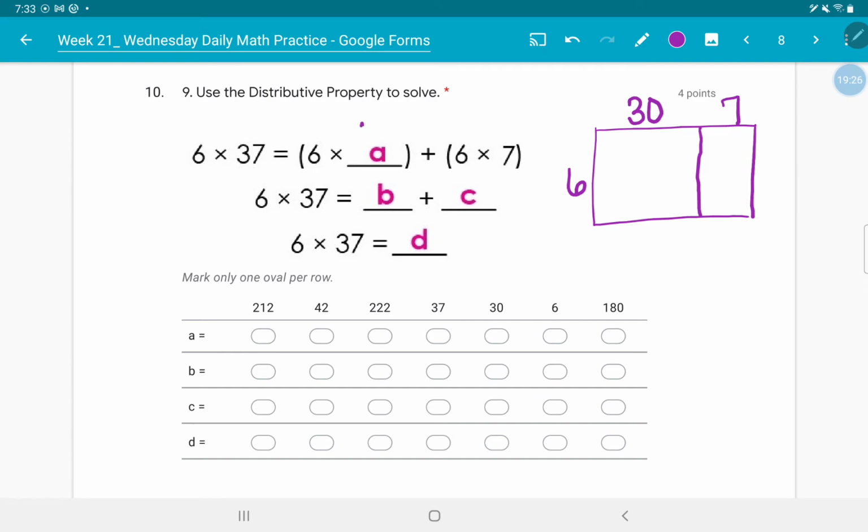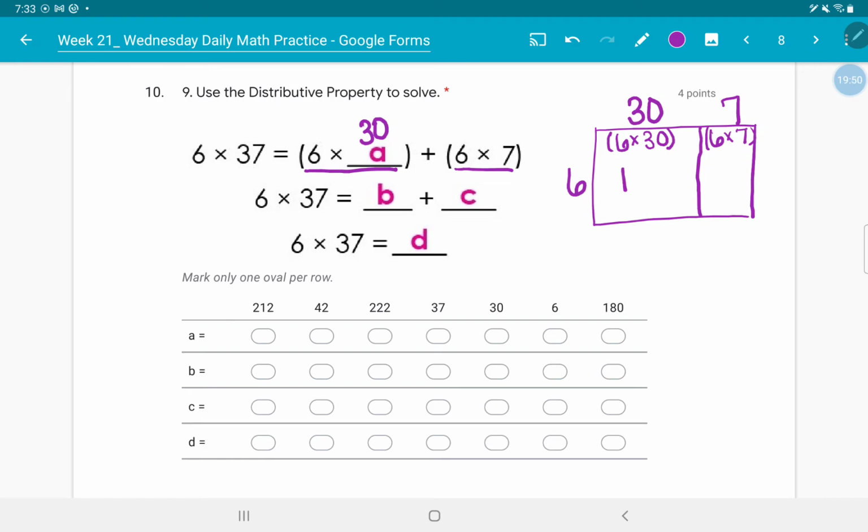So A is going to be equal to 30. First, we would multiply 6 times 30. There it is, 6 times 30 right there. Then we would multiply 6 times 7. That's our second step. So we'll go ahead and do that.